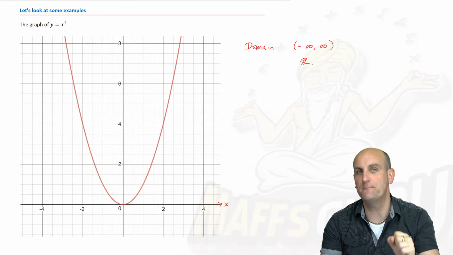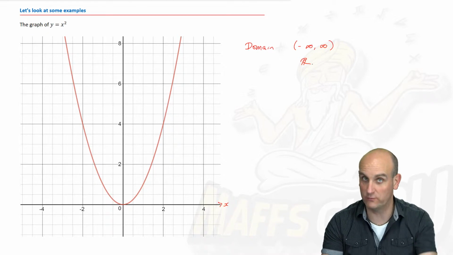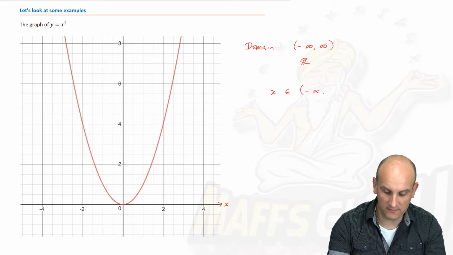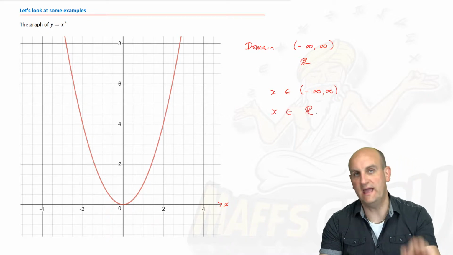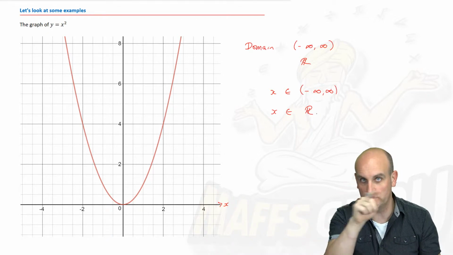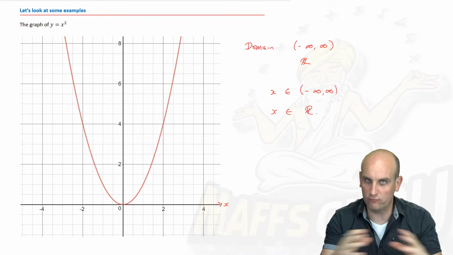But again, we have to be accurate. We've got to be correct with the way we write this. And so our domain is X values are in and either minus infinity to infinity, or X is in real. So that X is basically saying to the examiner, I know this is domain, and the E symbol says it's in, and we've got that range of values.